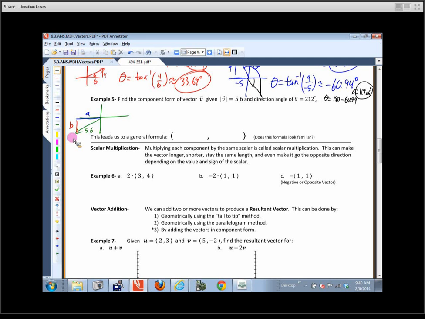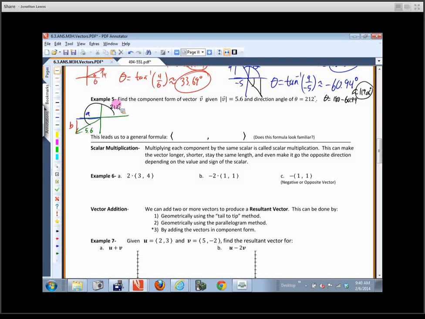Now, does anyone have any ideas on this? Jordan? Sine and cosine, because we want to find an opposite side and an adjacent side, and we have the angle from standard position, right? The angle from standard position is 212 degrees.